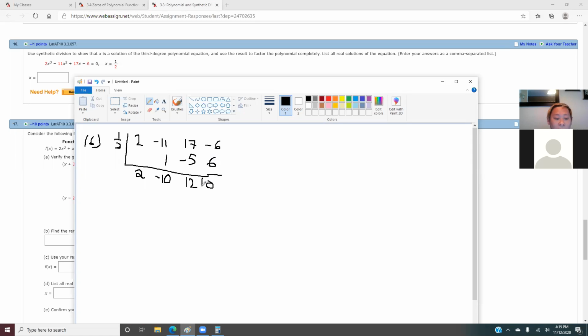Very good. So this is good because it's already shown that this is the solution, because your remainder is 0. If your remainder is not 0, you have to recheck your synthetic division again. So can you tell me what is your quotient in this case?